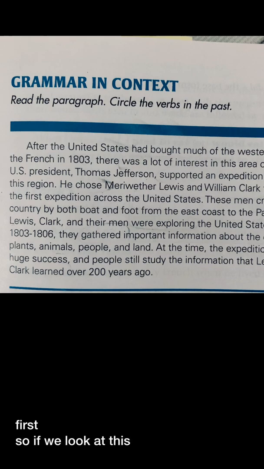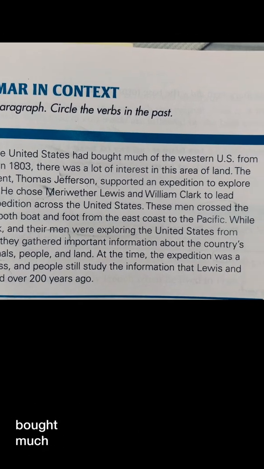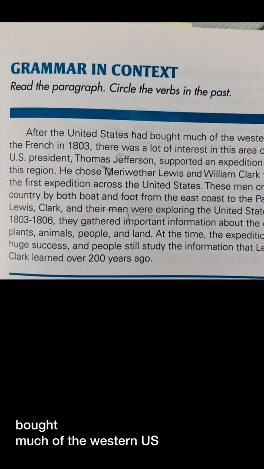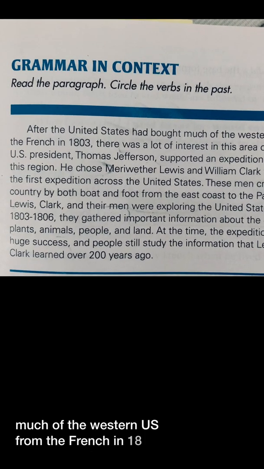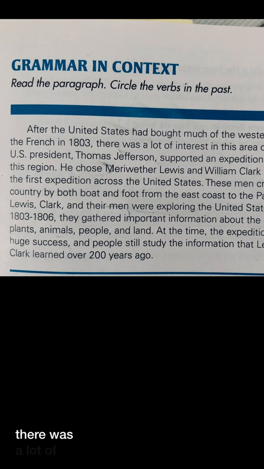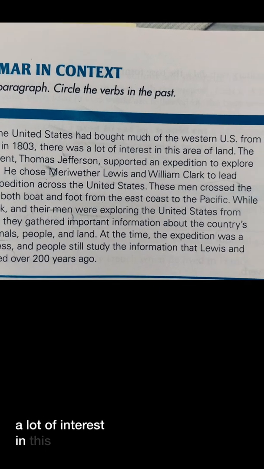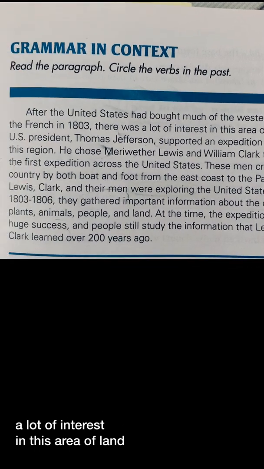So if we look at this, after the United States had bought much of the western U.S. from the French in 1803, there was a lot of interest in this area of land.